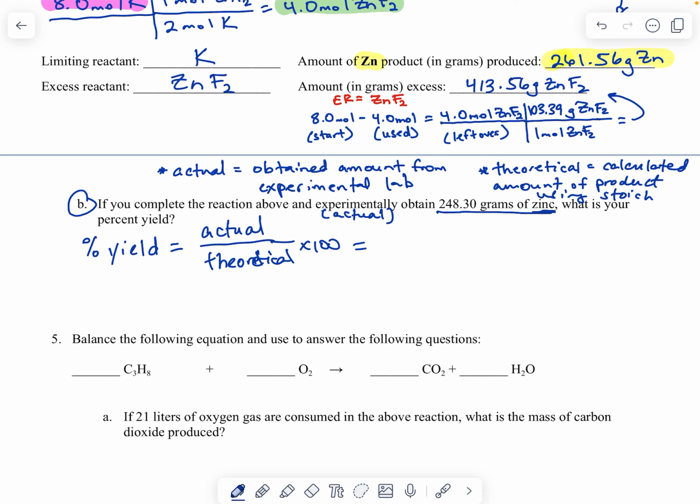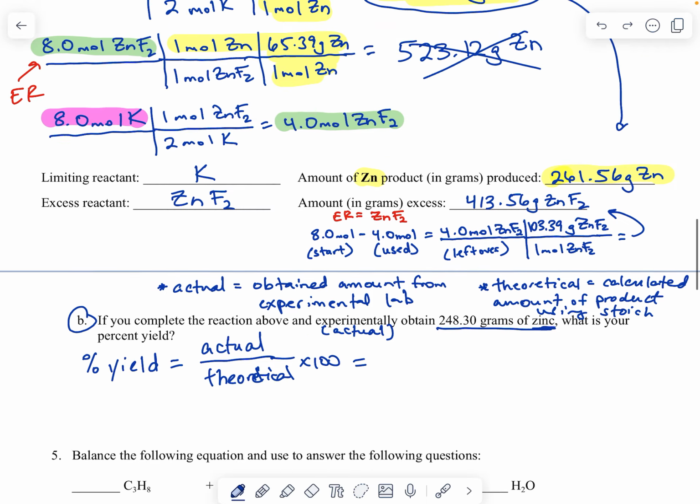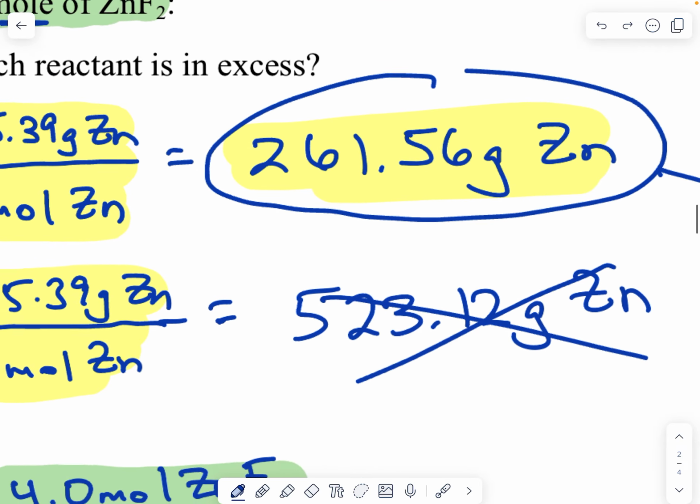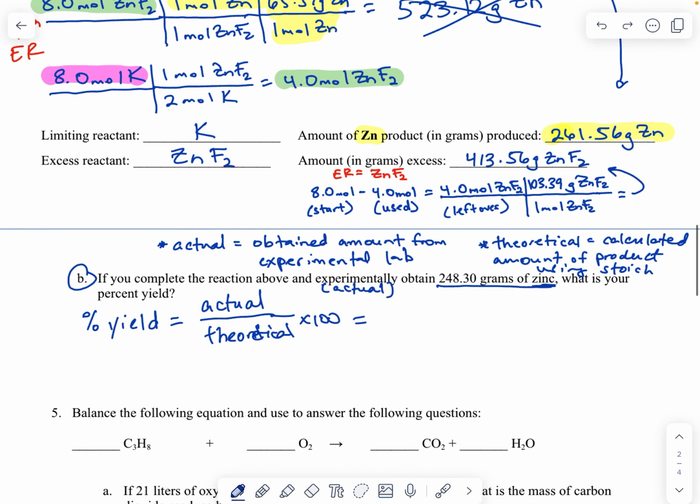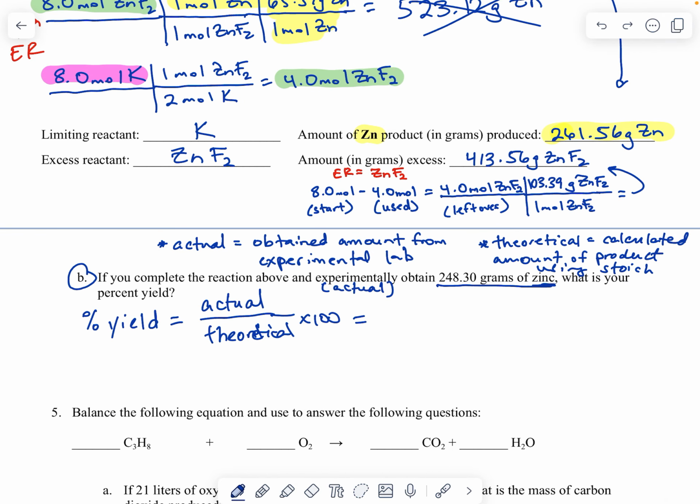We're talking about zinc, and we found the amount of zinc up here. That's that 261.56 grams. That's what we use Stoich to figure out in terms of how much we would produce. So that's, in theory, how much I should make. So this is our theoretical amount right here of product.